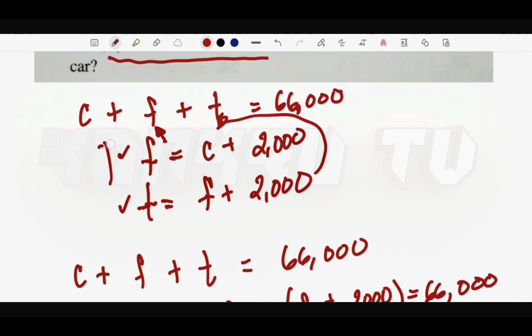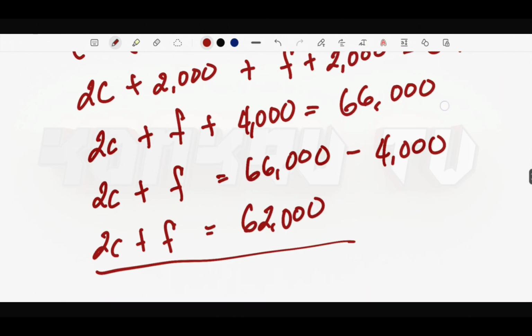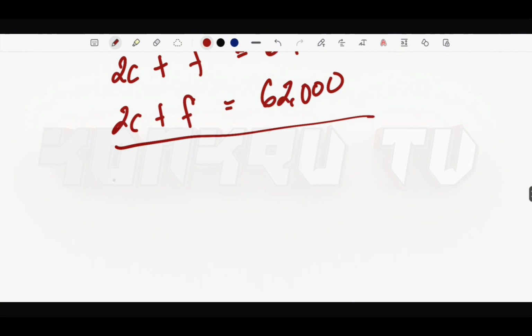So pwede natin gamitin itong equation number 2. Pwede natin siyang i-derive sa F minus C is equal to 2,000. So minus C plus F is equal to 2,000.